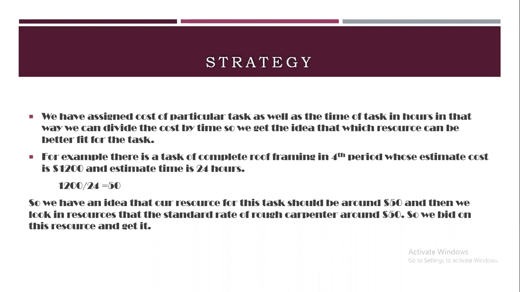So we divided 1200 by 24 and we get $50. Apart from this, we calculated the standard rate of each resource, and we analyzed that the standard rate of a rough carpenter matches this. The standard rate of a rough carpenter is around $50. So we had an idea that a rough carpenter could be a better fit for this task.